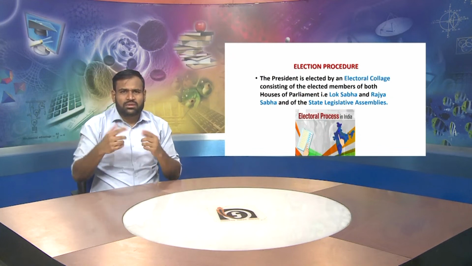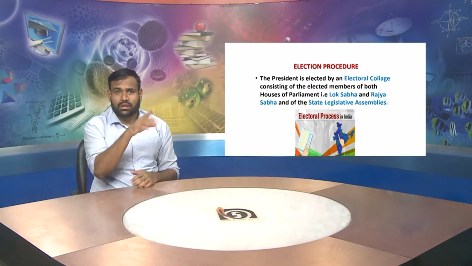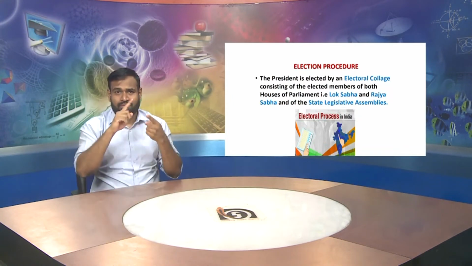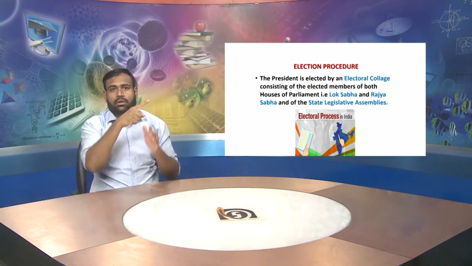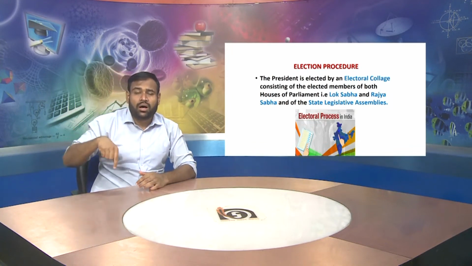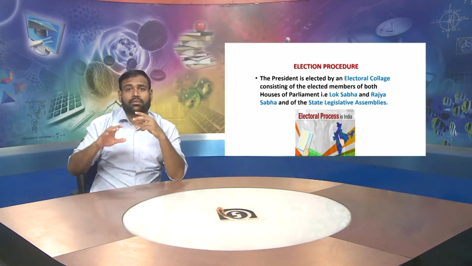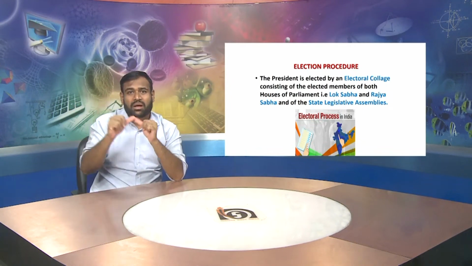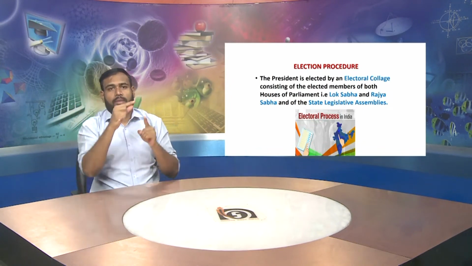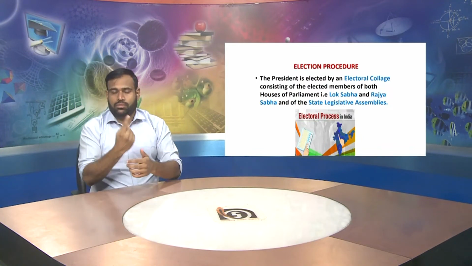Let us now understand the election procedure, how president is elected. The president is elected by an electoral college. This electoral college consists of the elected members of both the houses of the parliament. We already know that parliament has two houses, one is Lok Sabha and the other is Rajya Sabha, and of the state legislative assembly.